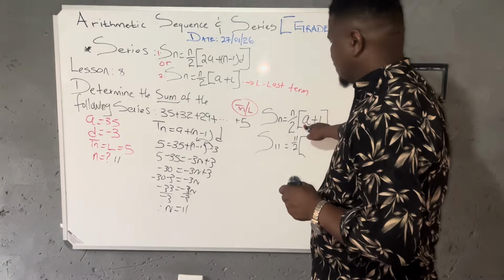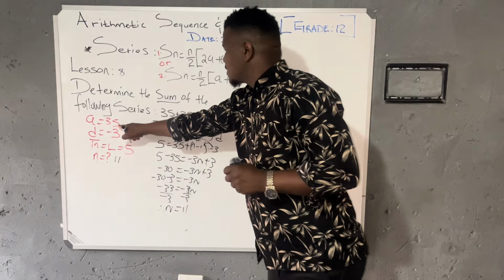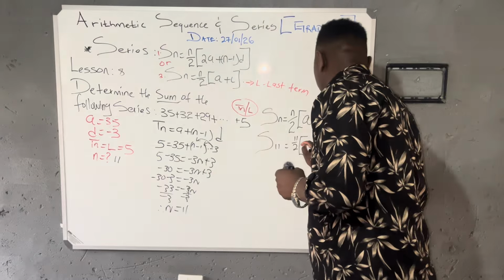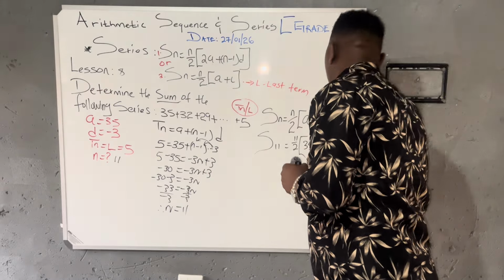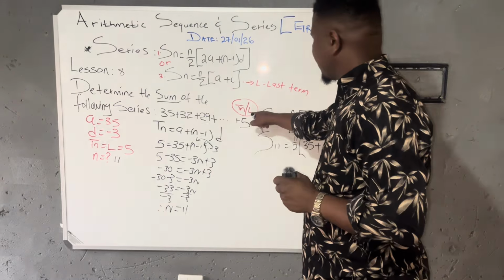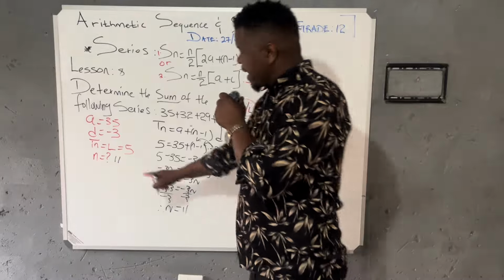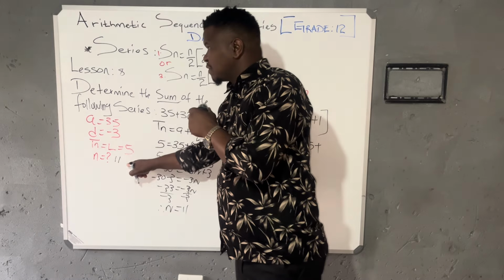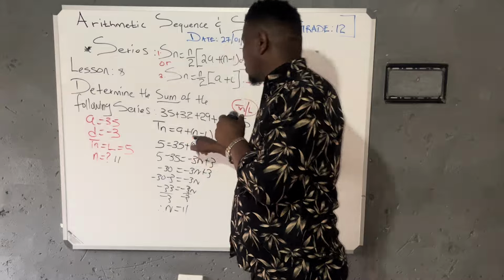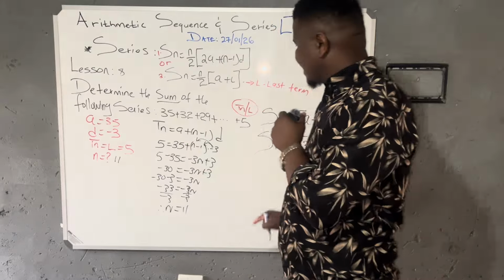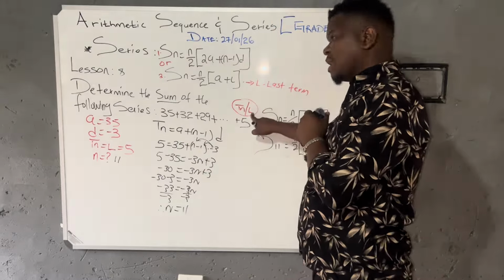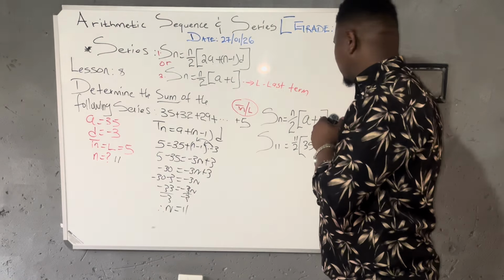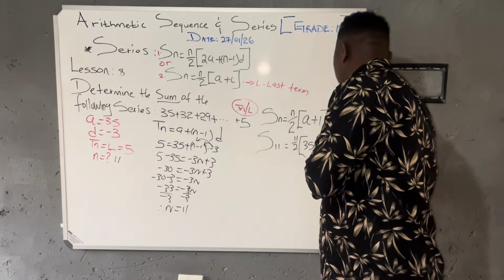We know all along what our a is. We said it is 35. We didn't calculate this, it was given. What is my L? The last term, L, is 5. Remember, we said L is 5, even Tn is 5. We used Tn as 5 because we're looking for n, but it doesn't change the fact that 5 is still the last term. So now I'm using it as the last term, which is 5.